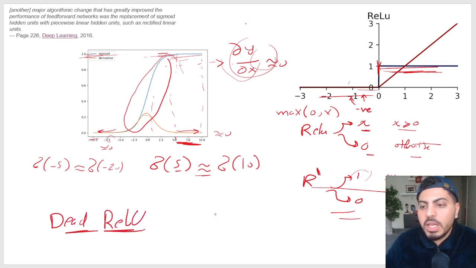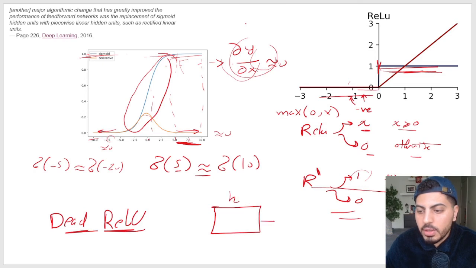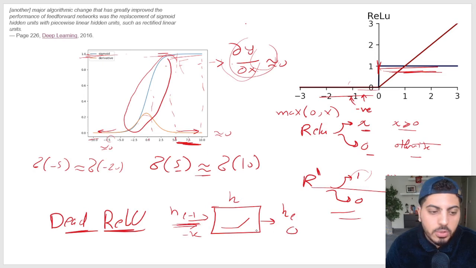Dead ReLU means, let's say that this is your layer here in the neural network, we'll call this layer H. The output is HL, and the input is HL minus 1, and this is your ReLU. So if your input that's coming to your ReLU activation function is always negative, your output will always be 0. And this is a situation that we call dead ReLU, which means your ReLU is always outputting 0. So again, your model is not learning anything.